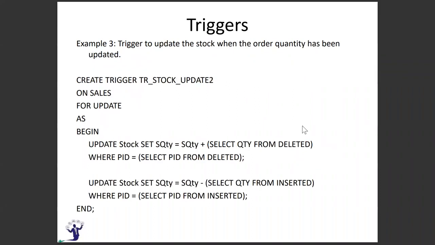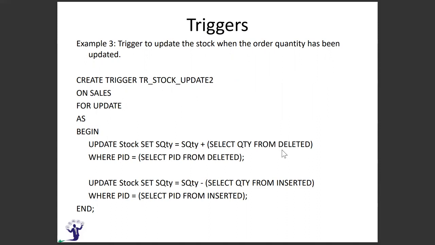Third, let's take a trigger to update the stock when the order quantity has been updated. We have taken examples of an insert and a delete; now we're taking an example of an update, where you are trying to update the quantity that you were trying to sell. This time we are creating a trigger tr stock update on sales table for update as begin. Now update stock set S quantity, basically the stock quantity, to S quantity plus select quantity from deleted.